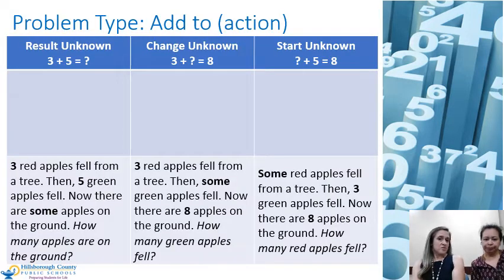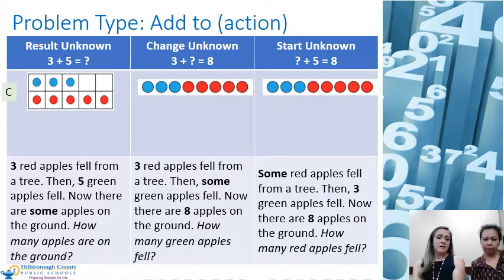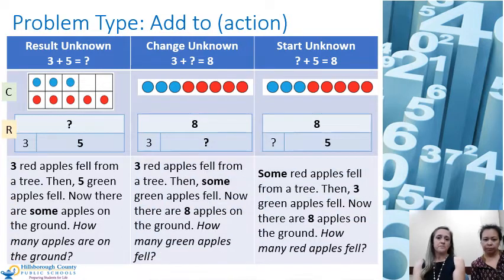So let's start with the first problem type, which is adding to. We want to make sure that students are starting with concrete, like we said. So they're going to be using any kind of concrete object or counter, and then moving towards some type of a representation. This is a bar model or a number line or just a picture.